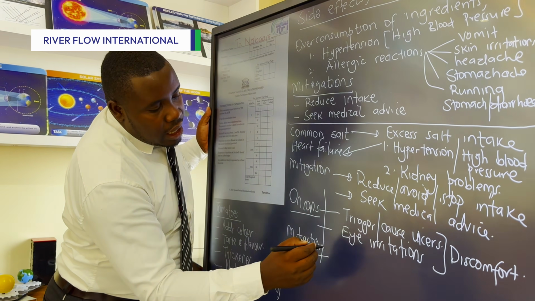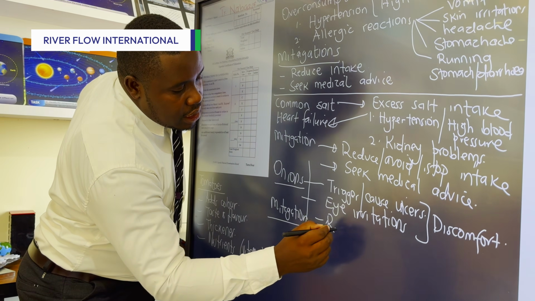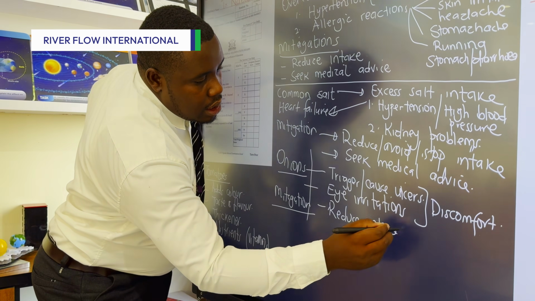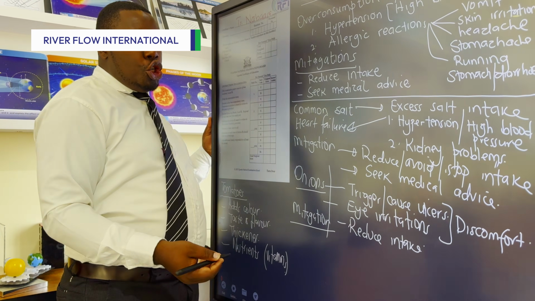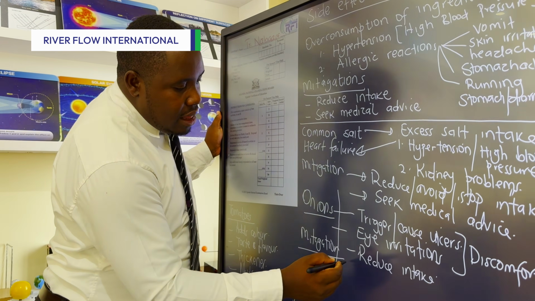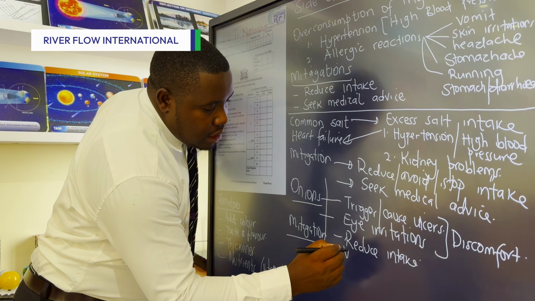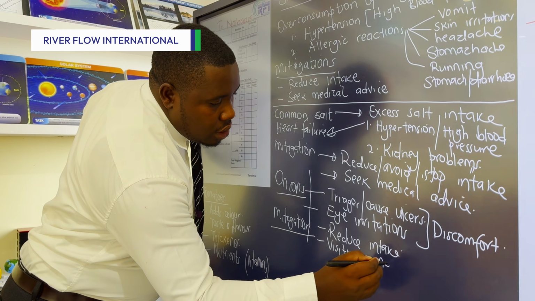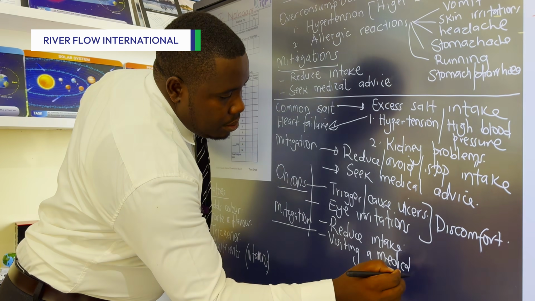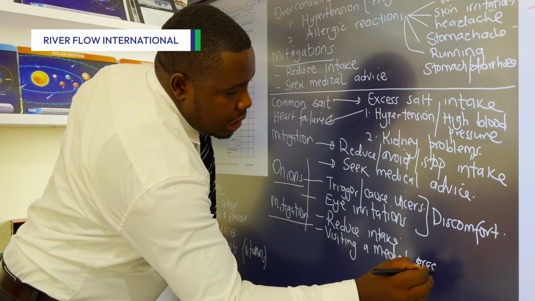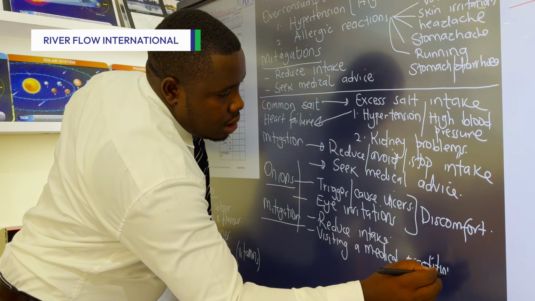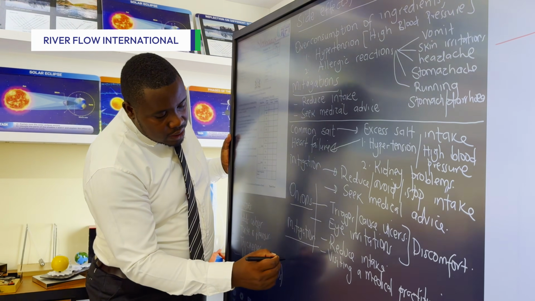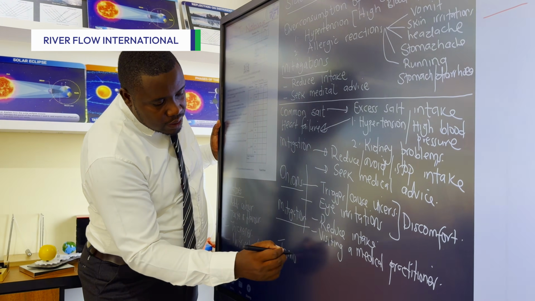So you reduce intake, and then number two, another one is visiting a medical practitioner for medical advice. That is another one. Let's look at another one. Let's look at tomatoes.